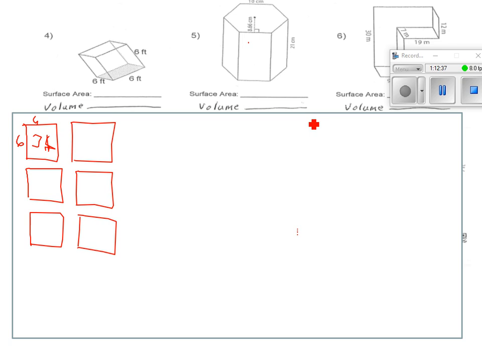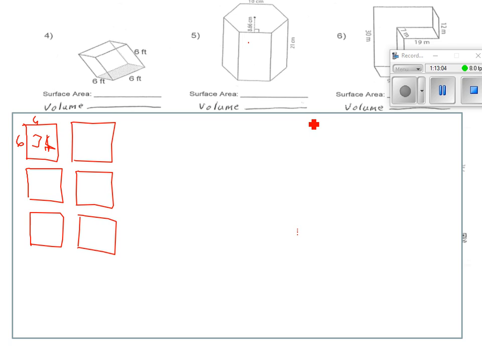What was the area of it? 109.8. Times what's the height? From one base to the other, 21. 2,305.8. Anybody else get that? What's our units? Centimeters cubed.